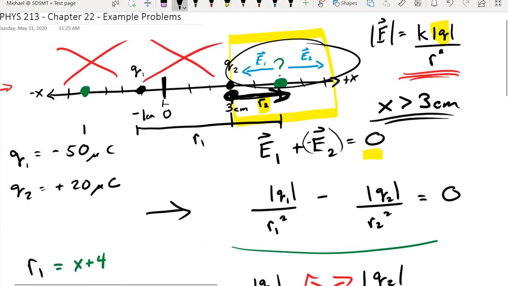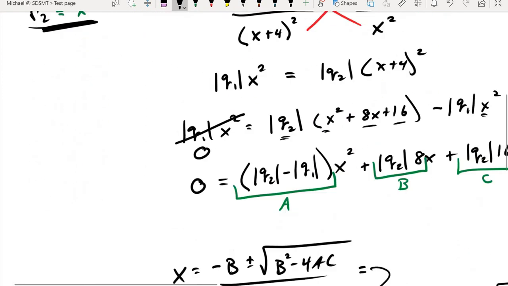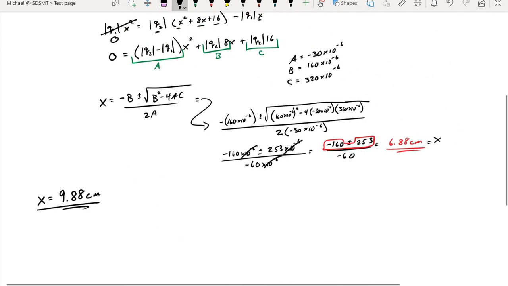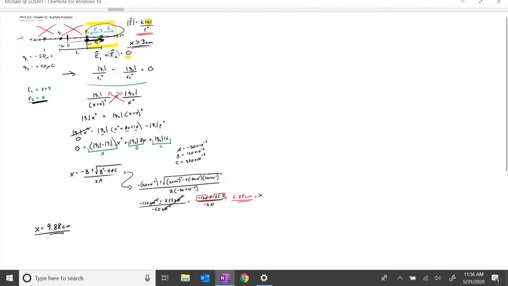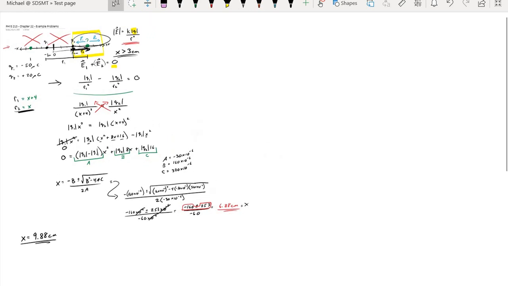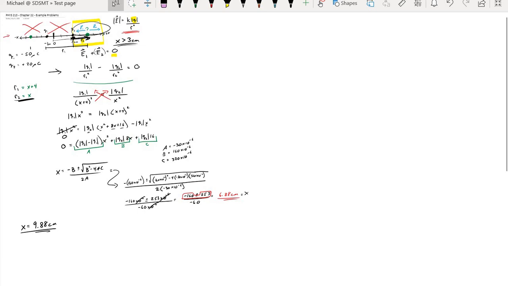I would have to add the additional 3 centimeters to get the value as measured from the origin of the system. So in terms of the origin, x would equal 9.88 centimeters. So that is where we are going to find an electric field equal to 0 in our system.